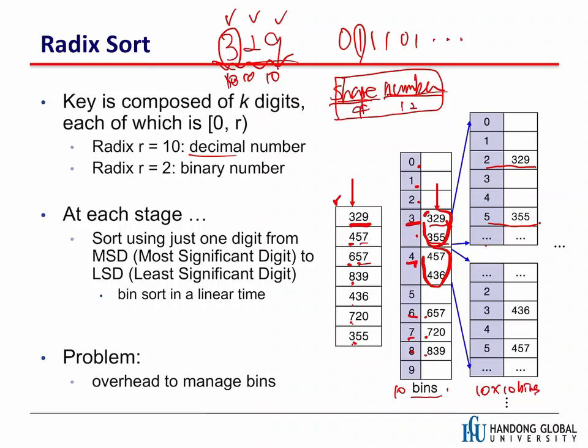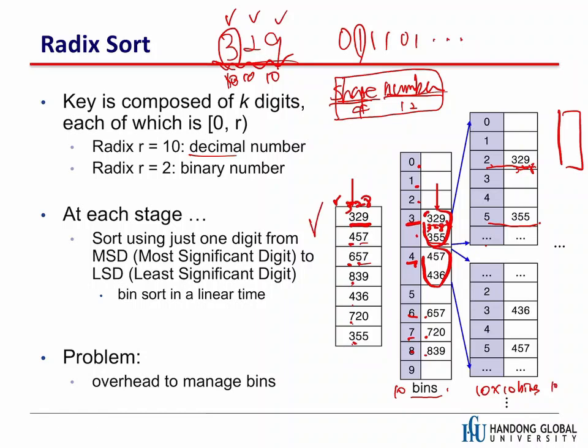Okay, and then we have the next stage. Let's say if we have 3 to 8. Okay, then we have 3 to 8, and we have 3 to 8. We have 2 keys in this bin. Then we need the next stage.